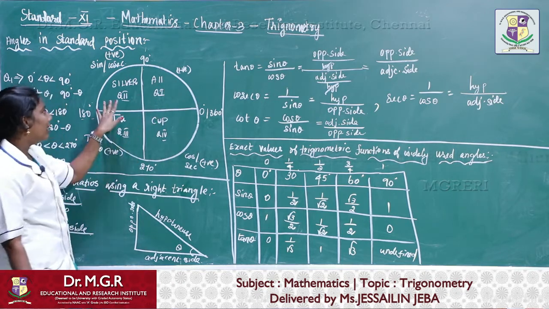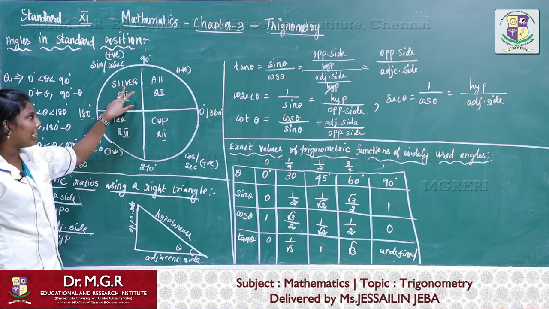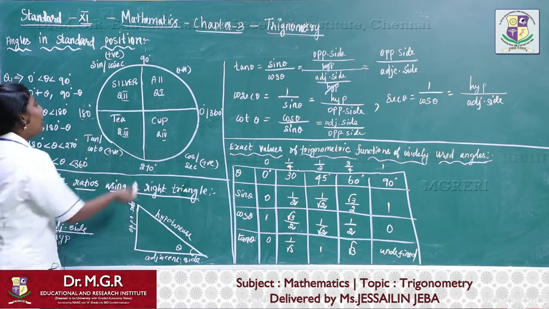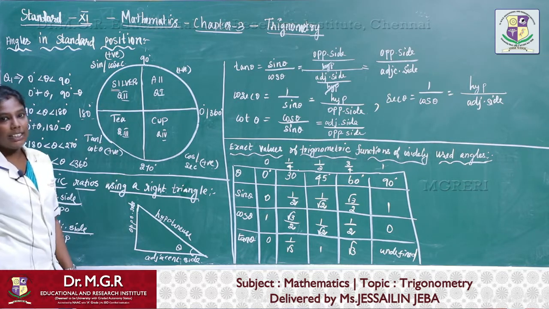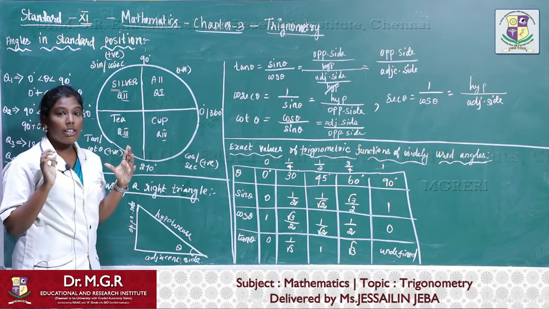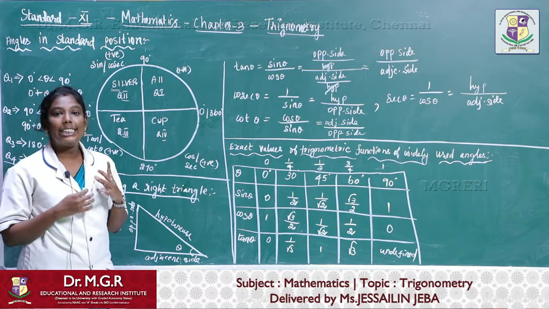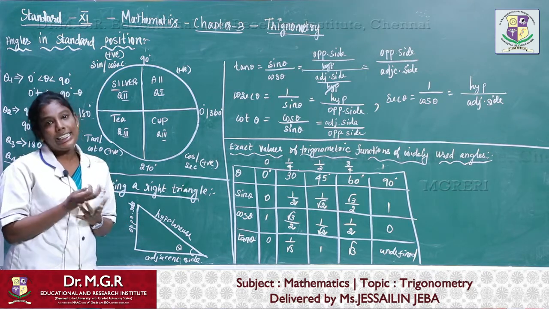Now come to the second quadrant. What is the name of the second quadrant? Silver. Silver starts with the letter S. Which of the 6 ratios starts with S? Sin theta.